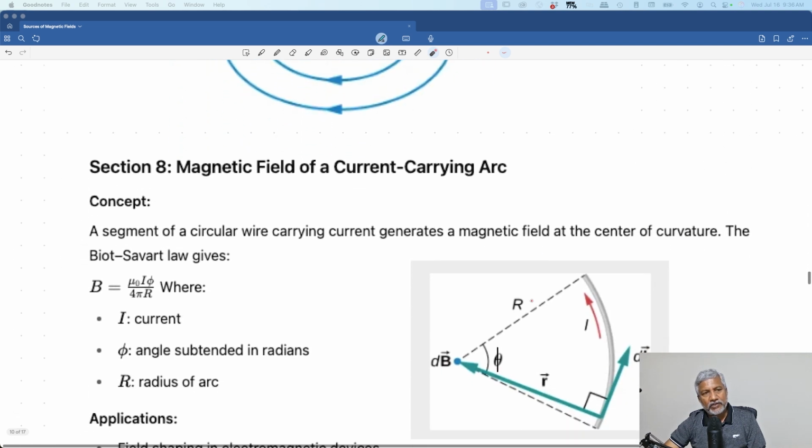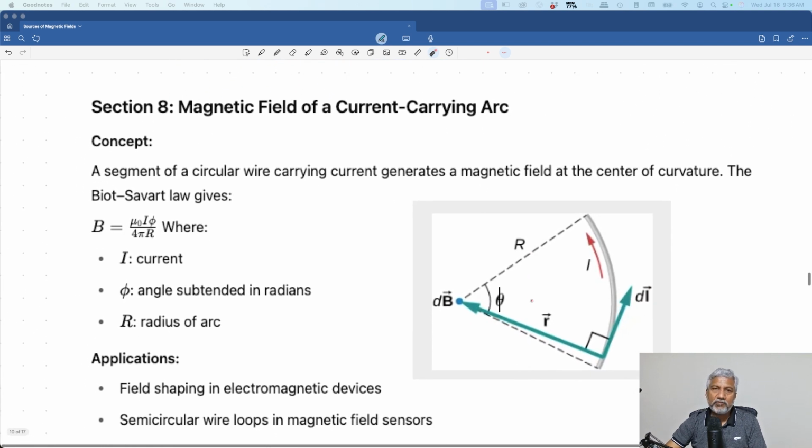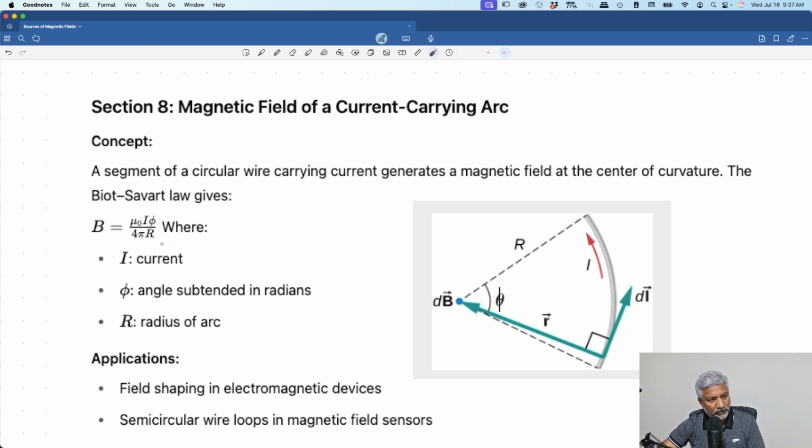Next, let's look at how the magnetic field would be if it was not a complete loop. And what if it's just a current-carrying arc as shown in the diagram? Then, again, the application of the law would give you this formula, mu naught I by 4 pi r phi.